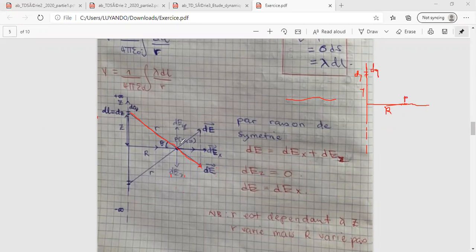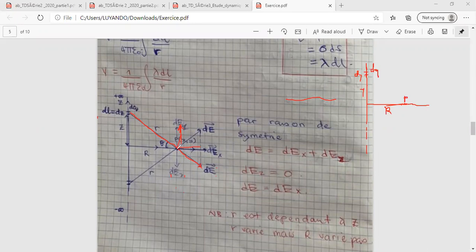So this electric field has components in the X direction and in the Y direction. I said the electric field acts outward, so we can have it in the Y direction, in the X direction, and in this direction.